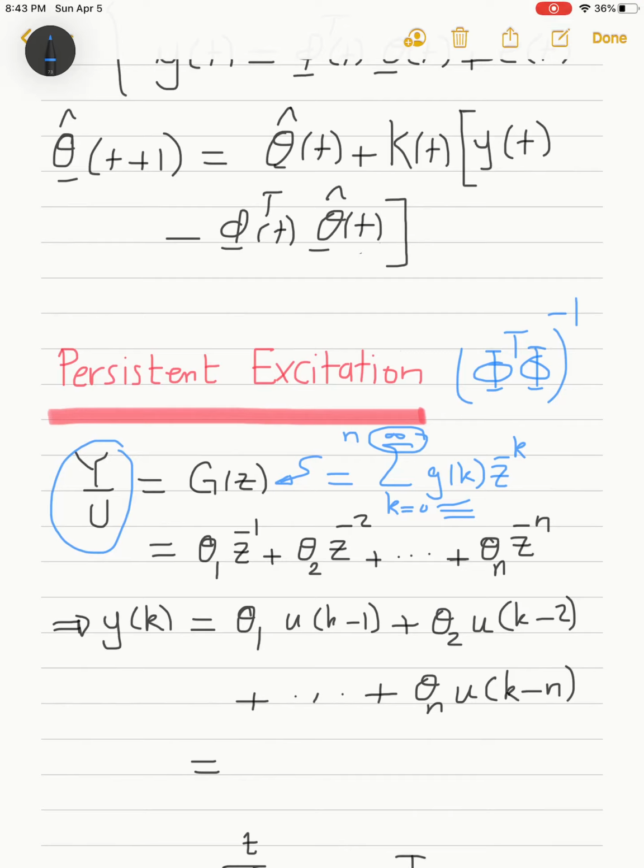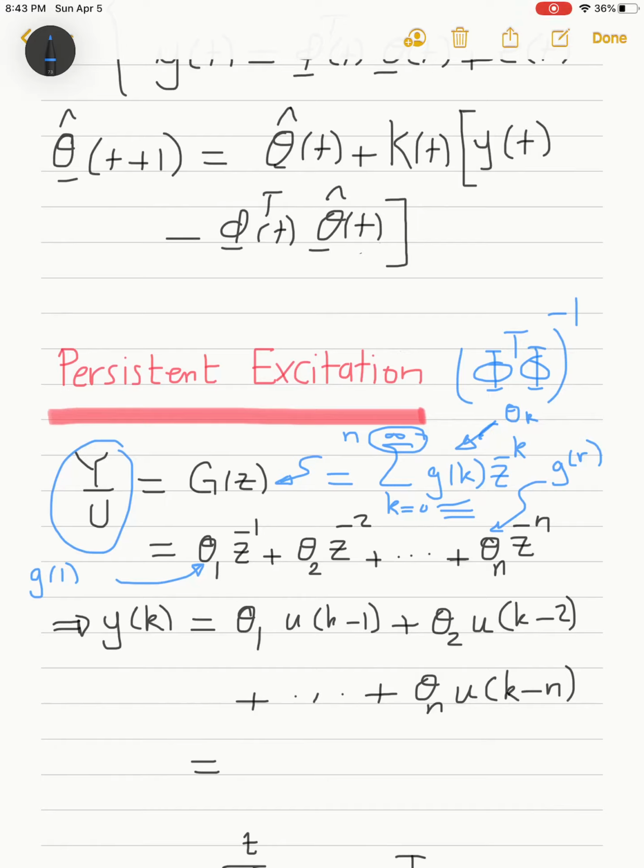In that case, if we give the values of the impulse response the symbol theta, then we can rewrite the summation as theta 1 z to the minus 1, theta 2 z to the minus 2, and so on up till theta n z to the minus n, where theta 1 in our definition would be, say, g of 1, and theta n would be g of n. And we assume that these coefficients are not known.